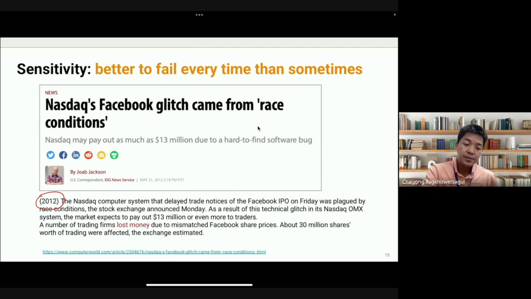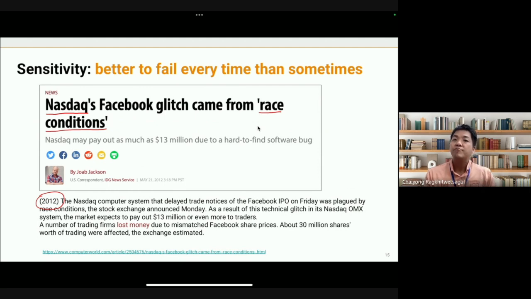And Nasdaq, which is the stock market that was selling Facebook stock at the time, had a software problem called a race condition, which means you have many processes or many threads that try to get into the same resource at the same time. In this case, the allocation of the Facebook stock.